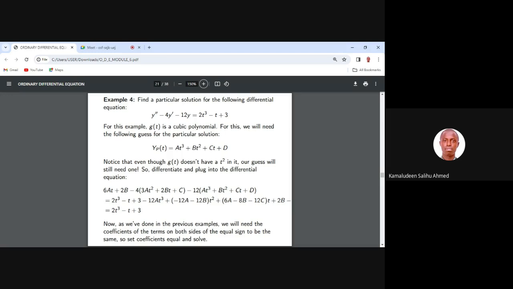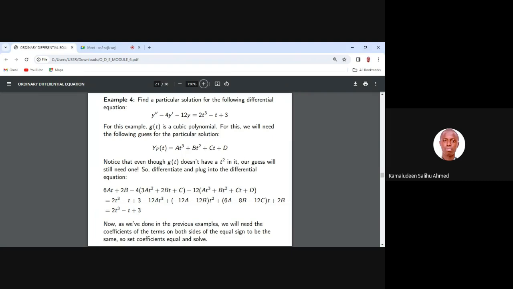If I were to solve all these, opening the brackets, it is going to consume much of our time. So you just have it to be minus 12A t cube plus minus 12A minus 12B for the t square.